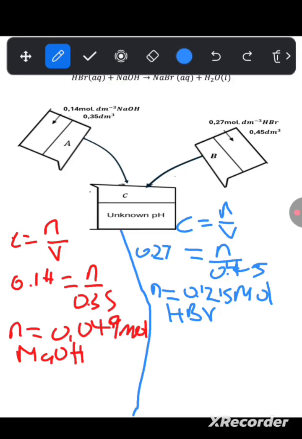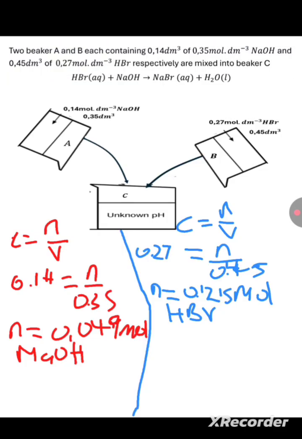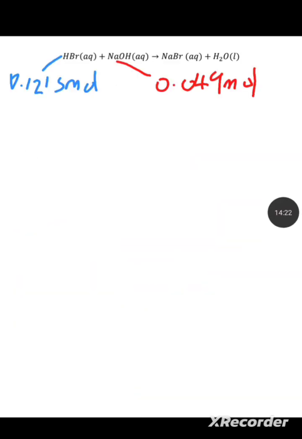Right, so after having the number of moles for each, let's check what the next step is. We now want to determine the limiting reagent.